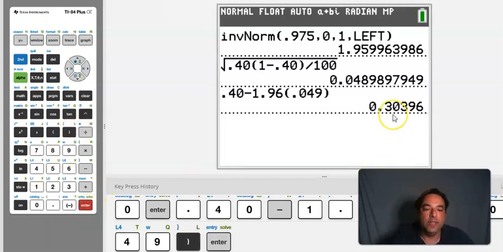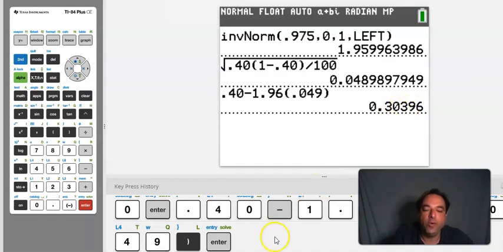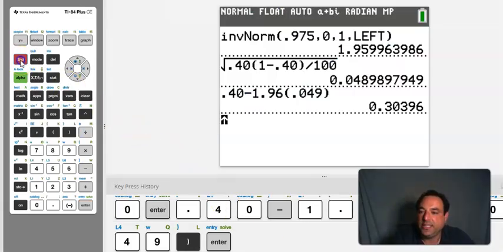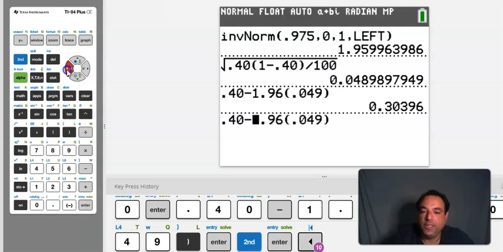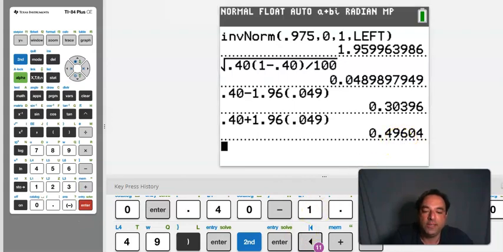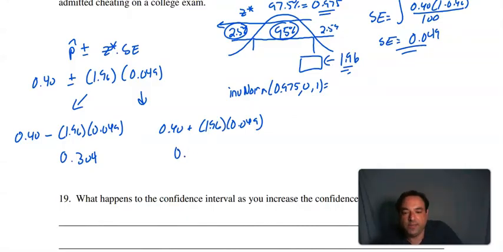So that gives us 0.30, 0.3, and the 9 rounds up to the 4, so 0.304. And then if we use that little calculator trick, second enter, we get that back. Change it to a plus, and we get 0.496.